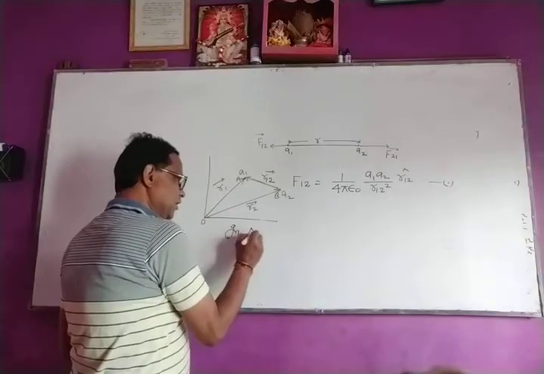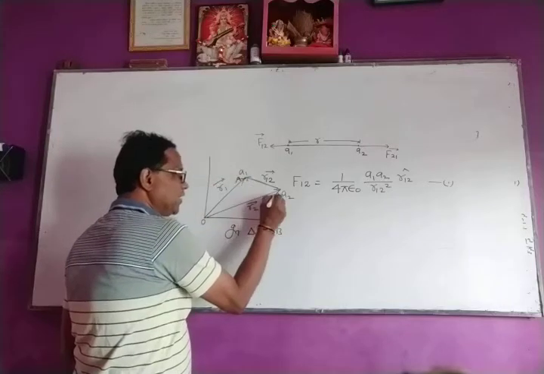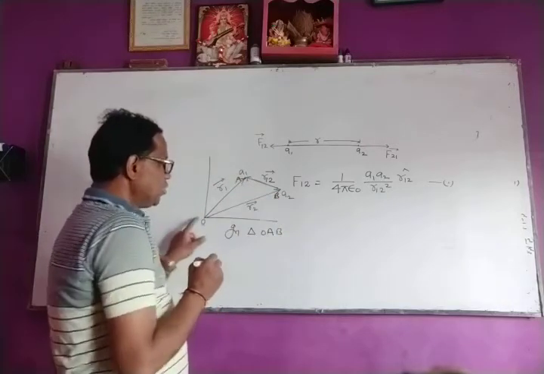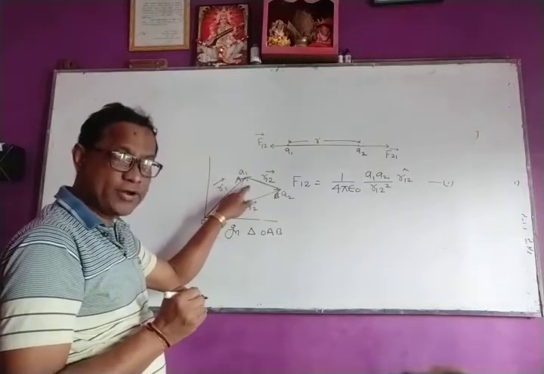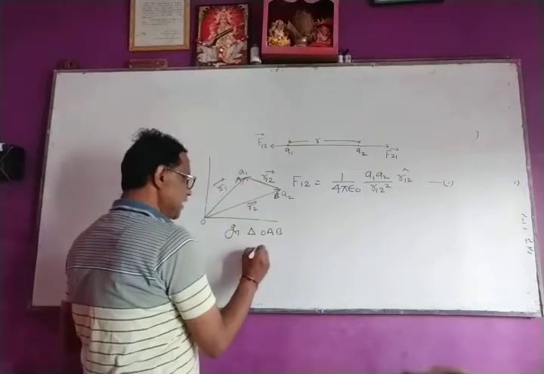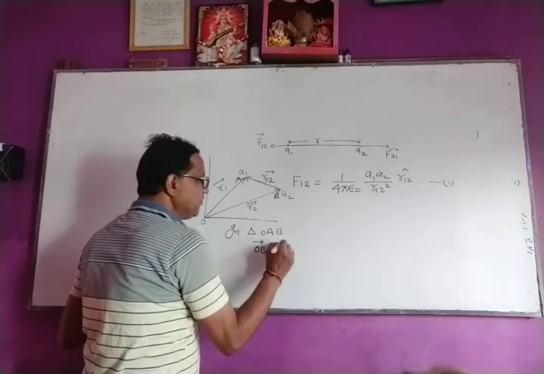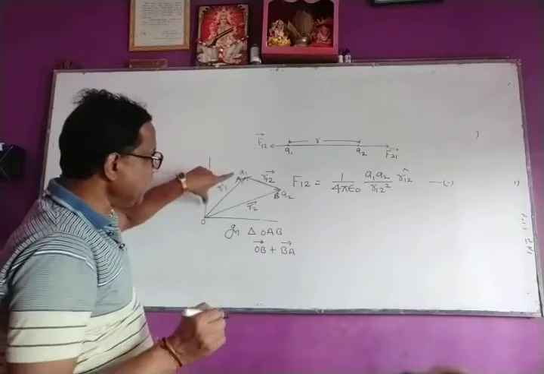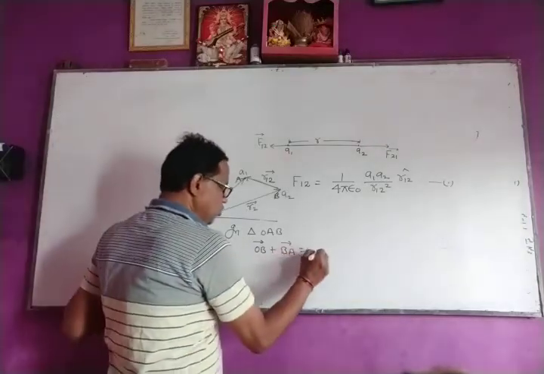In triangle OAB, OB and BA are in the same order. So we can write OB plus BA vector. OA is in opposite order, so it is equal to OA vector.